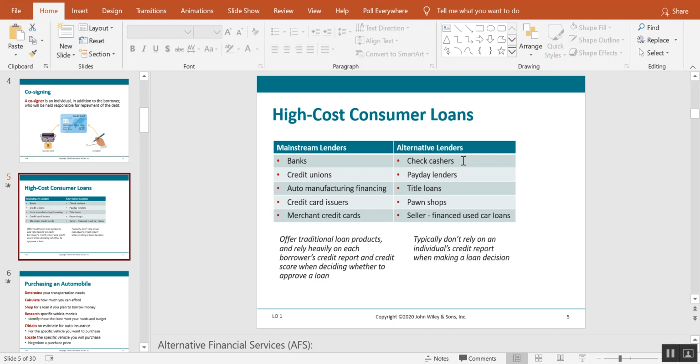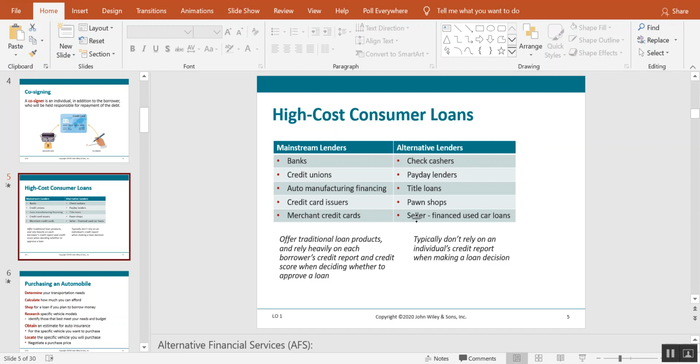This is probably a lot less common now than it used to be, but what is more common now is the payday lenders or title loan companies, where they basically loan you money at a very high rate of interest if you need a loan. A pawn shop will give you a loan on some merchandise that you leave in the pawn shop, but you have to go back and reclaim it in order to get your merchandise back.